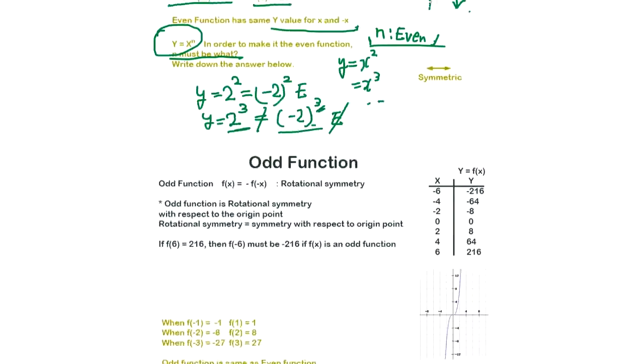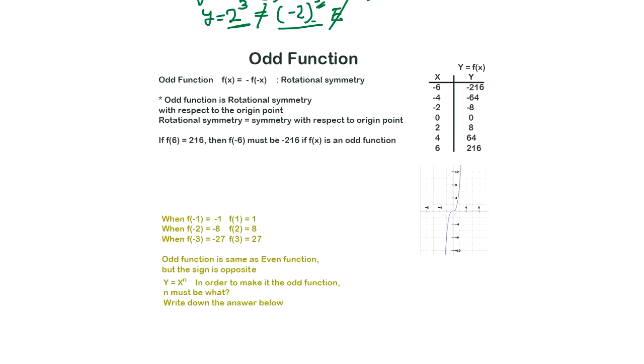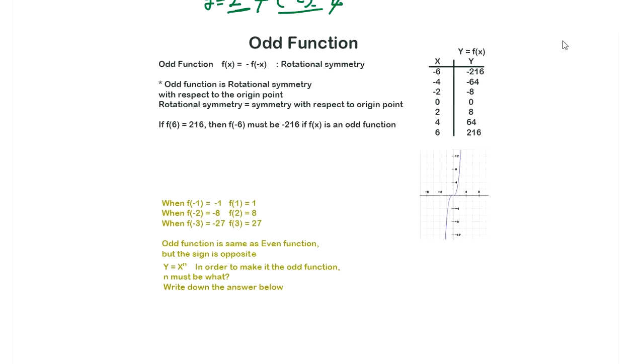Okay, if we talk about even, we have to talk about odd function too. What is odd function? It's not a strange function, it's odd. Okay, for example, x is 0, y is 0. It can be an odd number.